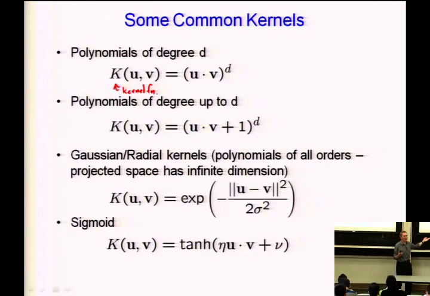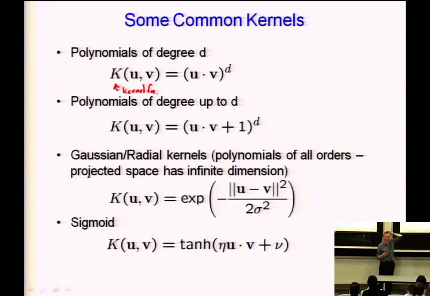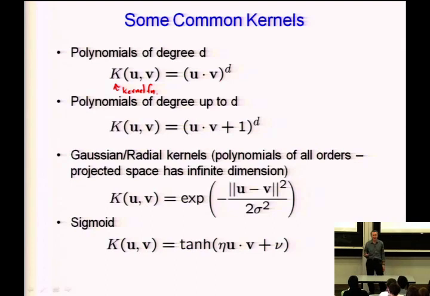If I want cubic, then I take the cube of the dot product instead. If I want polynomials not just of degree d, but of all degrees up to d, then I take the dot product plus 1, exponentiated to d.